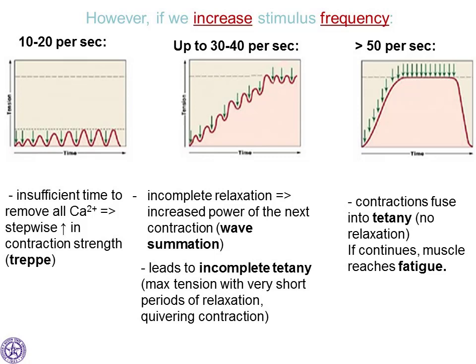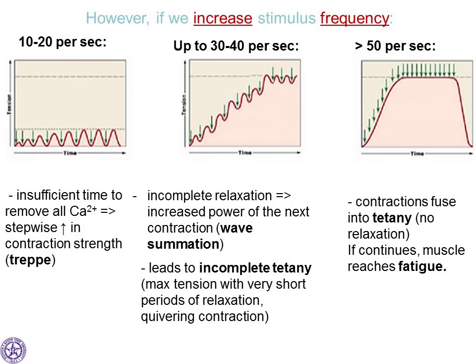We can't remove all of the calcium from the troponin. We can't get all the calcium back into the sarcoplasmic reticulum, so the muscle never completely relaxes, but it doesn't stay maximally contracted either. It's not rapid enough at 10 to 20 stimuli per second to hit that.